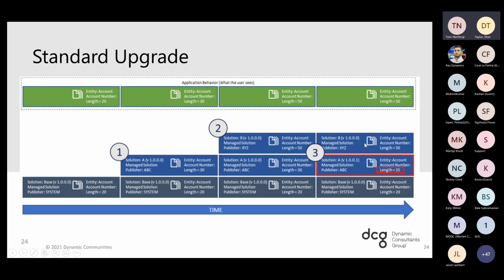Two things went wrong here. When they needed to change account number, they should have never created another solution. It should have been changed in the original solution A. That's what I mean by solution segmentation being important, so that you know what components exist in what solutions.